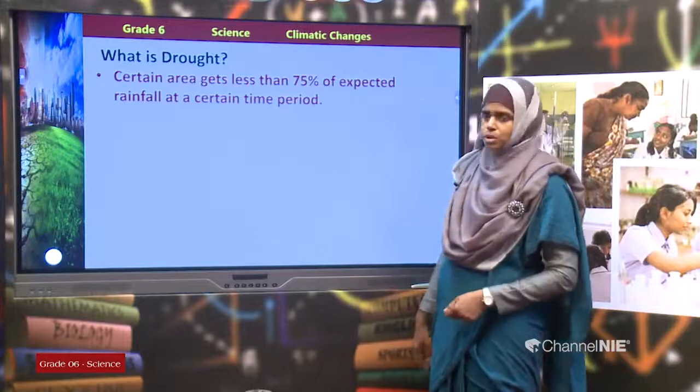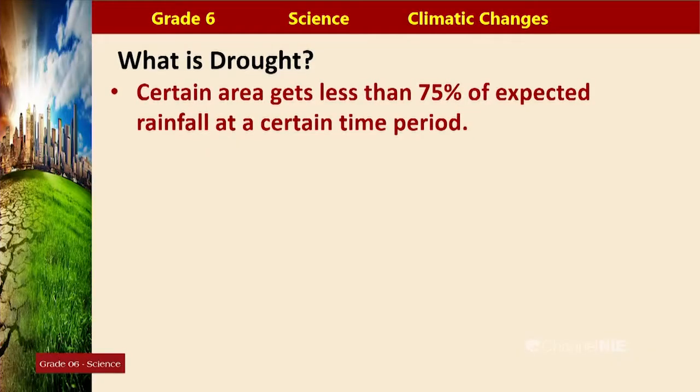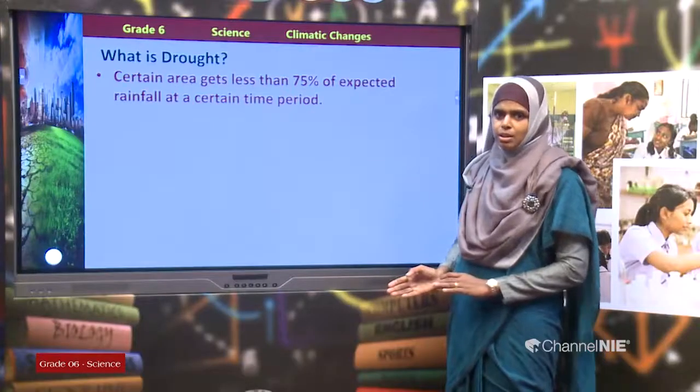So, what is drought? Drought is defined as whenever an area gets less than 75% of the expected rainfall, we call it a drought. Drought is defined in different ways in different places, children, right.